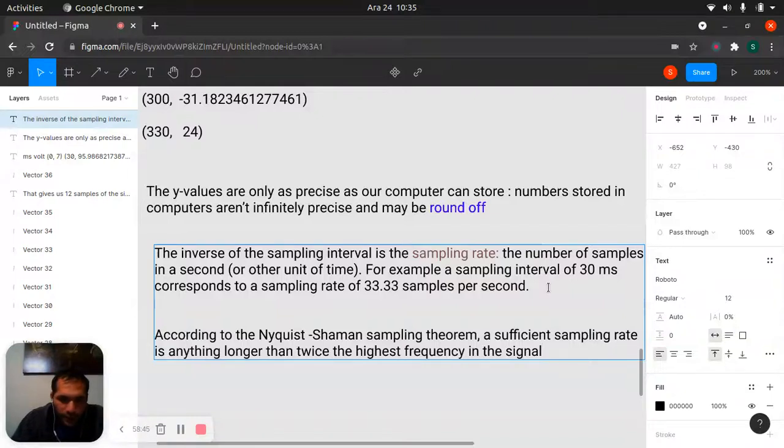The frequency, I think I wrote it wrong. Yeah, frequency, you can think like that.